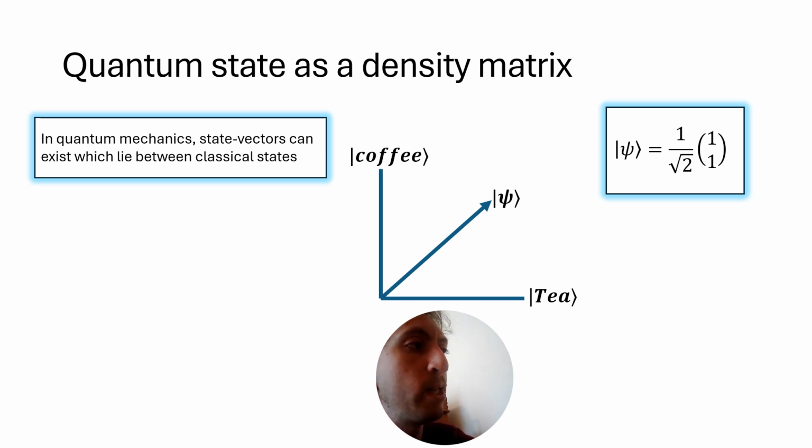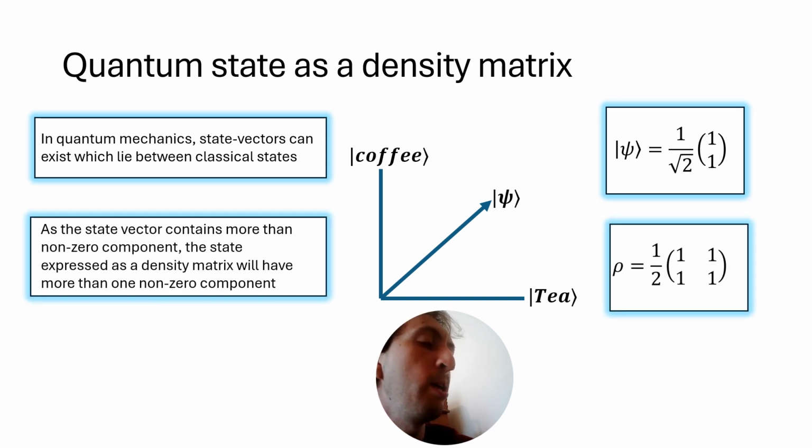The main point is that if we have an object described by a state vector and the object is in a quantum state, there will be more than one non-zero component because some of its state is smeared out over different classical states. If we had one non-zero component for our state vector, then the quantum state would just be a classical state. And because our quantum state contains more than one non-zero component, our density matrix will also have more than one non-zero component.